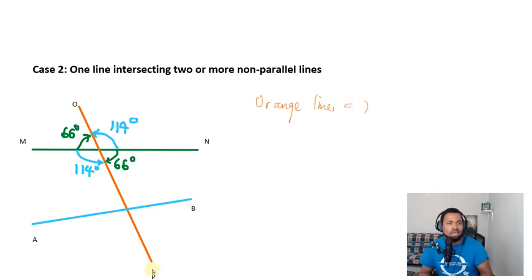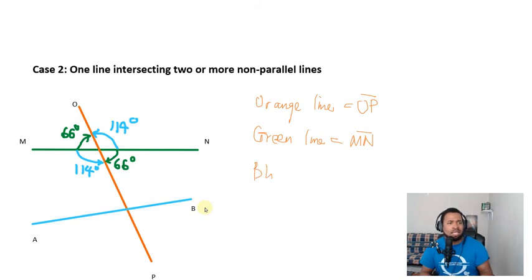So line OP is the orange line, and the other line here, the green line, is labeled, in this case, using the alphabet N. Yes, and we have a little bar at the top, and then we have another line here which is the blue line, and the blue line is labeled to be what? AB. So that is how we label lines, and we use those labels to identify lines in mathematics.